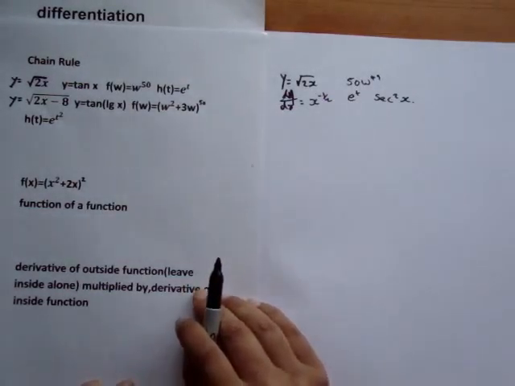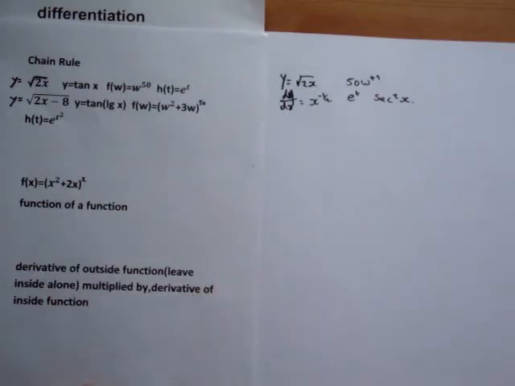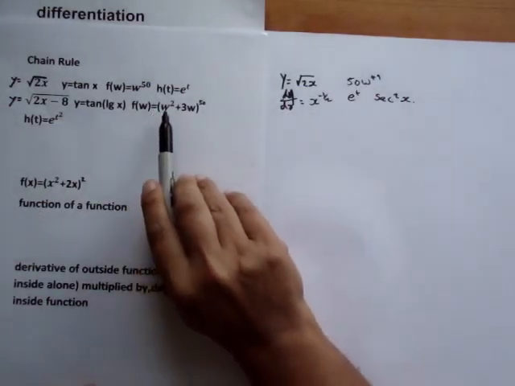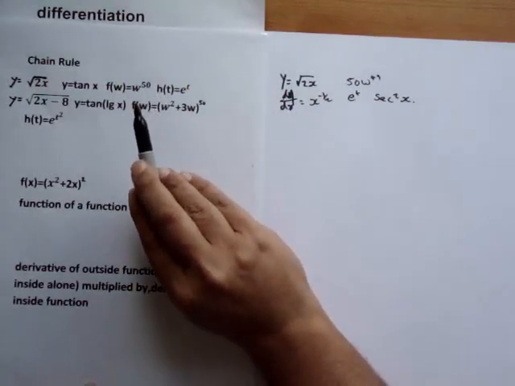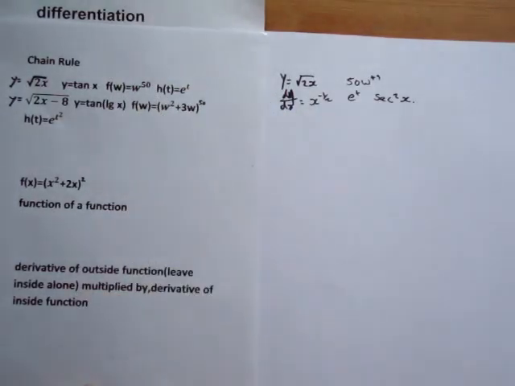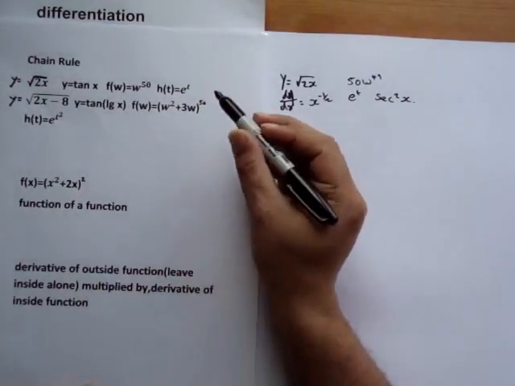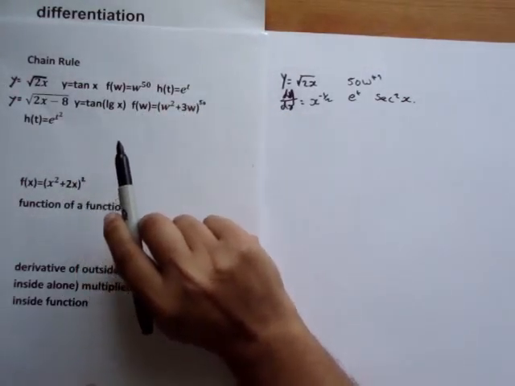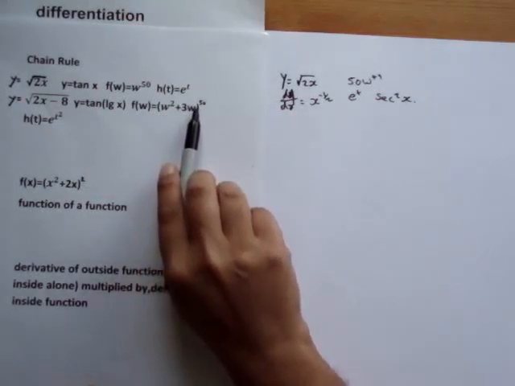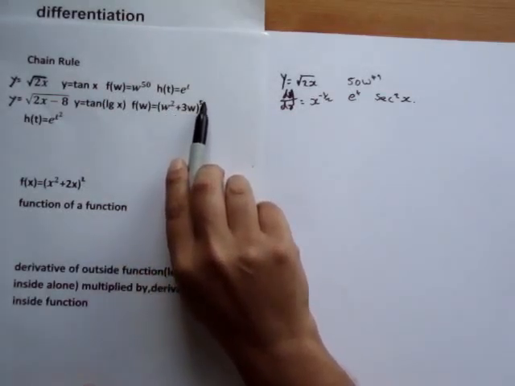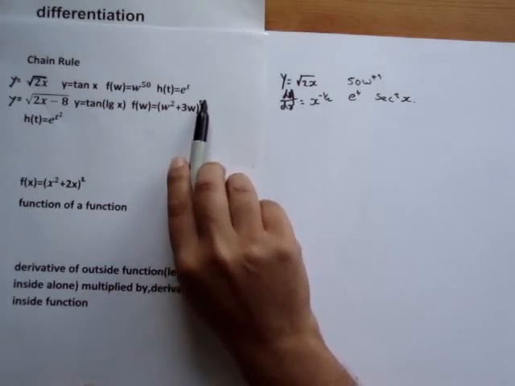Now, the difficulty arises when we have another function as well. So basically we have a function within a function, or a nest of functions. So here we have a function w squared plus 3w, and then another function which is to the power 50.